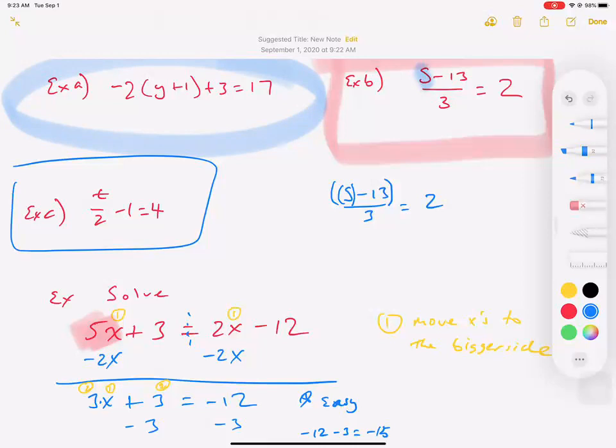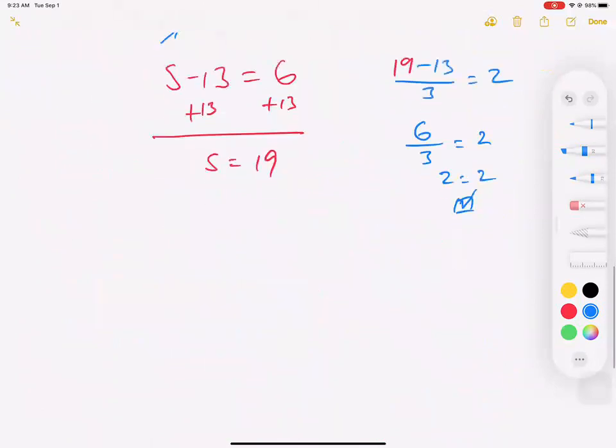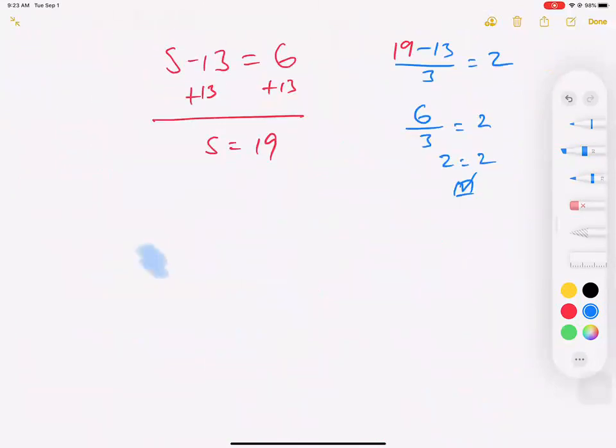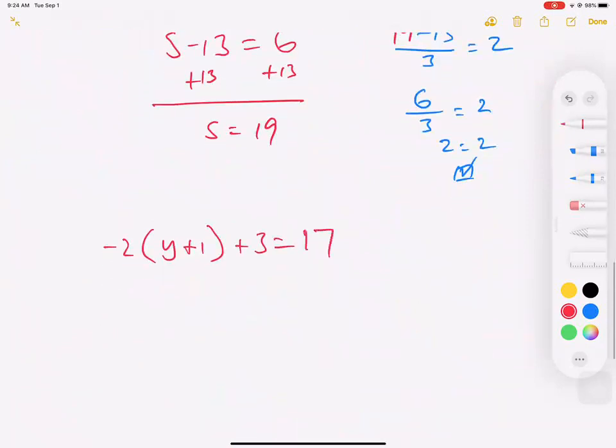Okay. Great job. Most of you guys decided that we should subtract the 3 first, and that is 100% correct. -2(y + 1) + 3 is equal to, I forgot what that number was, 17.